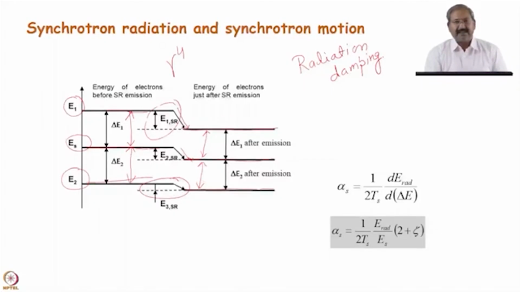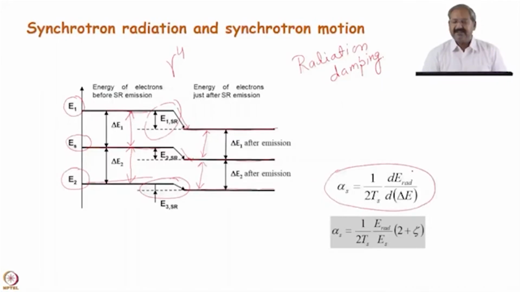Means energy deviation between the particles has been reduced due to emission of synchrotron radiation. And if energy deviation is reduced, means the amplitude of the synchrotron oscillation has been reduced. So synchrotron oscillations also damp out due to synchrotron radiation, and this is the damping coefficient of the synchrotron oscillation.